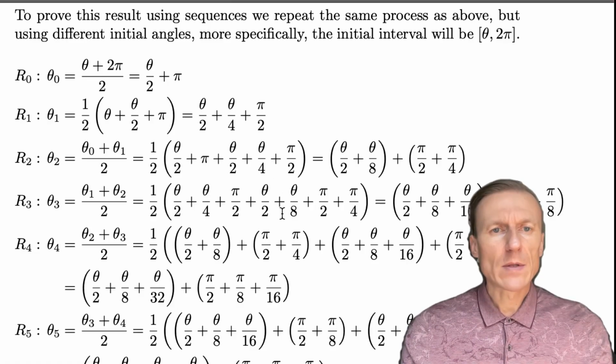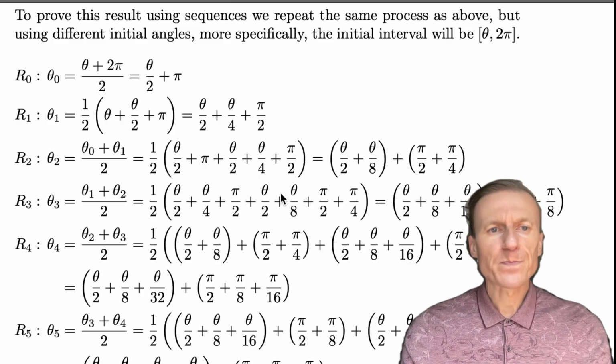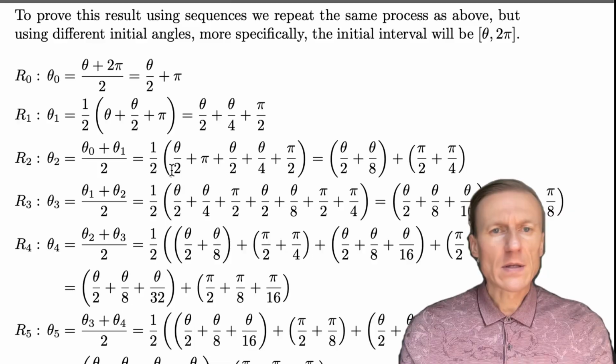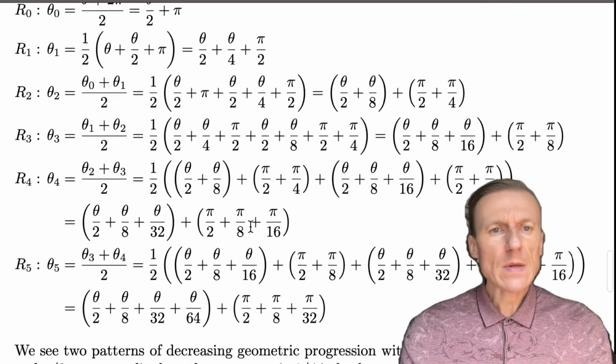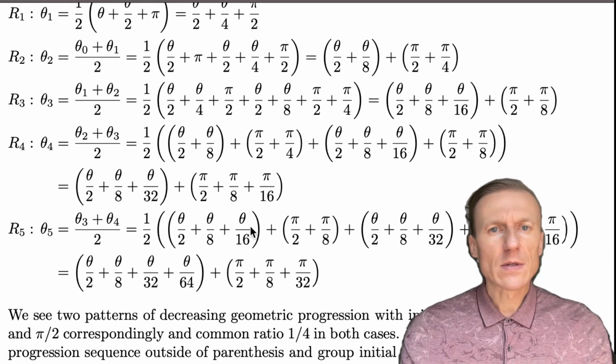This time we will have two sequences. One sequence involves theta and another sequence will involve the pi term. So when substituting the previous angles into the recursive formula, I will group them in two sequences right away. We can see the process.